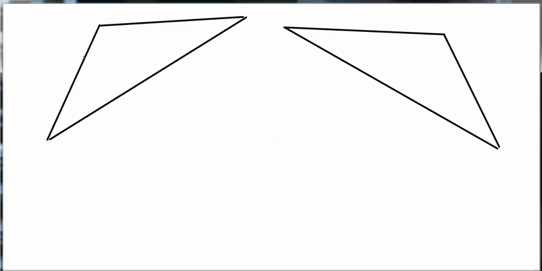All right. Two sides of one triangle congruent to two sides of another triangle. 3x plus 18 degrees.